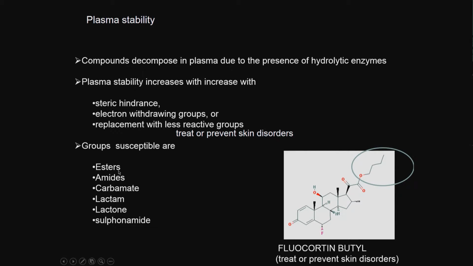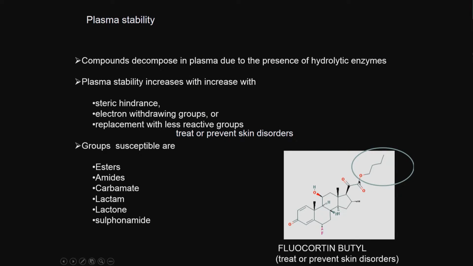Esters can get hydrolyzed, as can amides, carbamates, lactams, lactones, sulfonamides. So if you have these groups, they have chances of poor plasma stability because there can be hydrolysis taking place here, as you can see. This bond can break. So what we can do is have big groups, or electron withdrawing groups, so this cleavage does not happen.